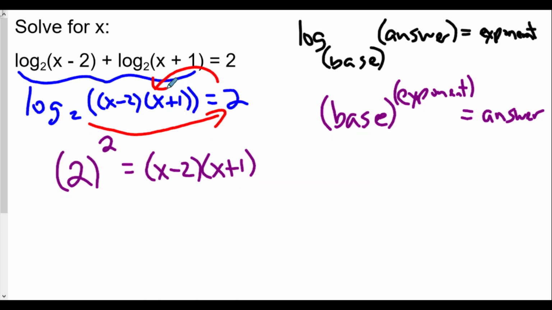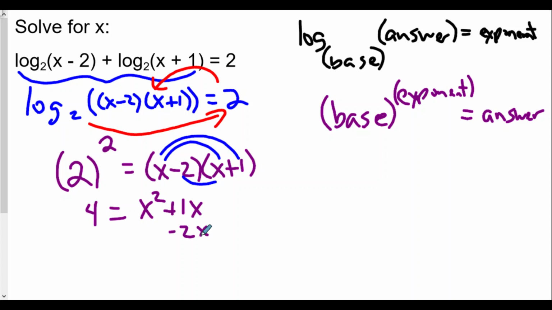So to solve this now, we have 4, because 2 squared is 4. And when you distribute the multiplying, we have x times x, which is x squared, and then x times 1, which is 1x, and negative 2 times x, which is minus 2x, and then negative 2 times 1, which is negative 2.